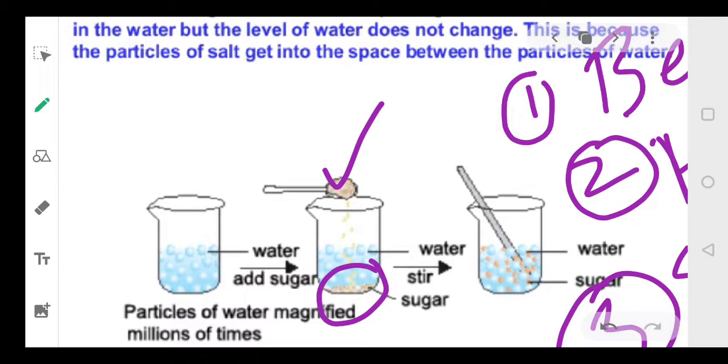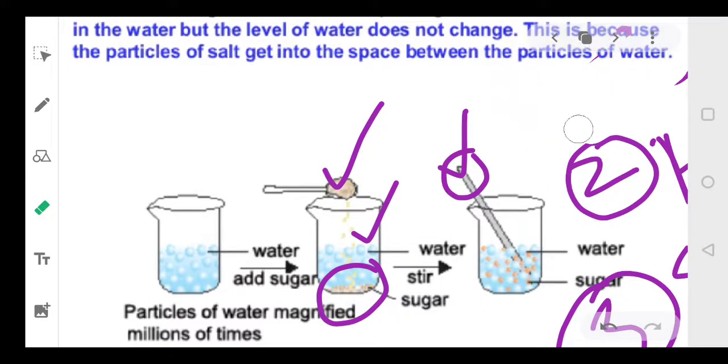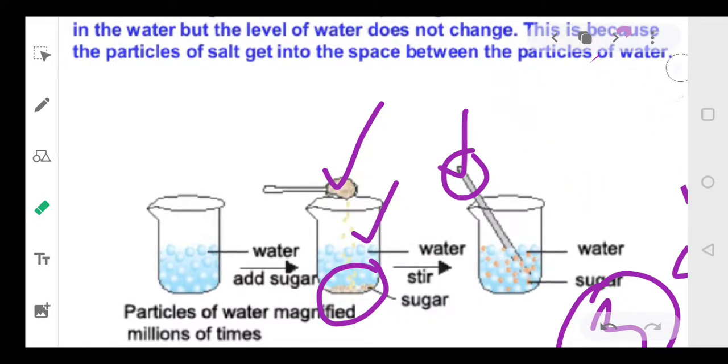Here it is visible. The particles are visible to you, but after some time, when you mix it properly with the glass rod, you will observe that it will disappear. Now the question comes, where has the sugar gone? Any idea? The sugar has dissolved in water.